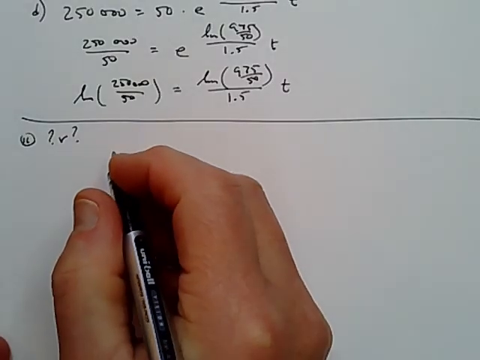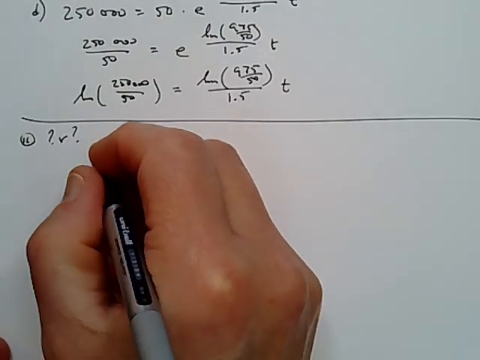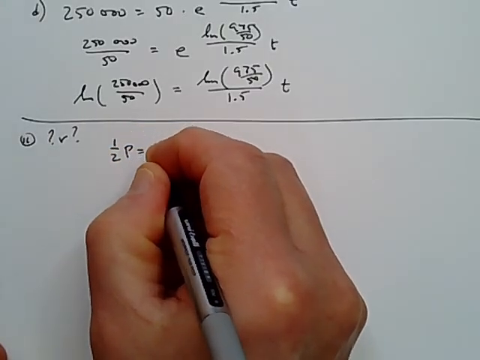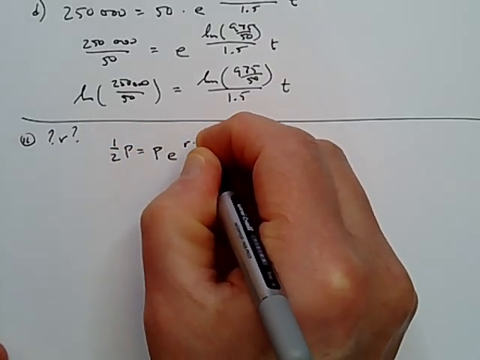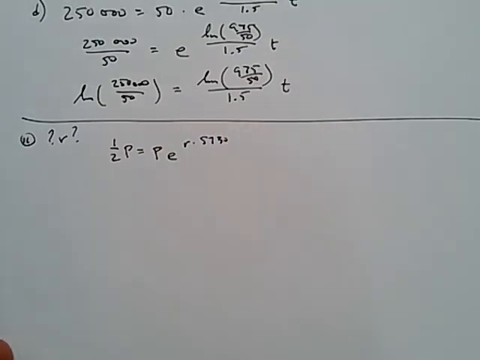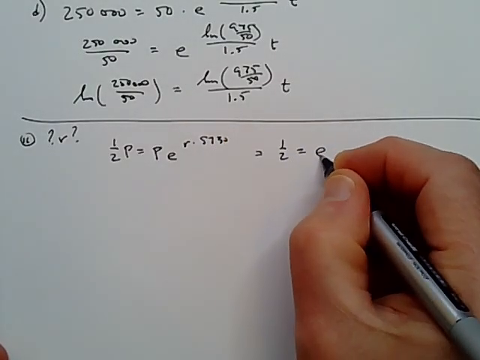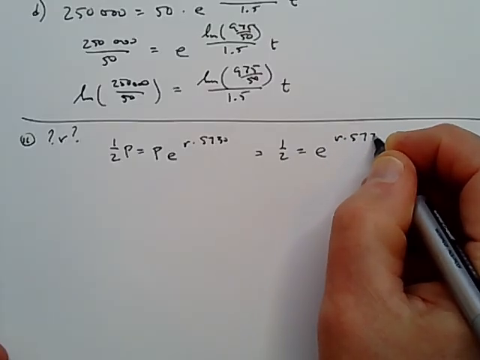So I'm figuring out here what R is. Okay, so the half-life is 5730. So 1/2 P equals P e to the R times 5730. And at first glance, it appears that this is an equation with two different unknowns, but the P's cancel. So you just get 1/2 equals e to the R times 5730.